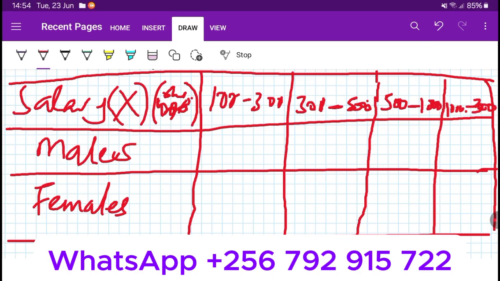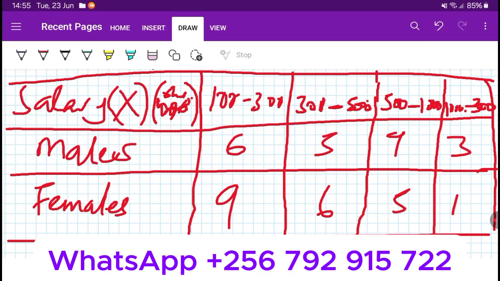So the male employees are 6 who are earning between 100,000 to 300. Then these ones are 9, these ones are 6, these ones are 5, these are 9, these are 5, and of course this is 1, these are 3.